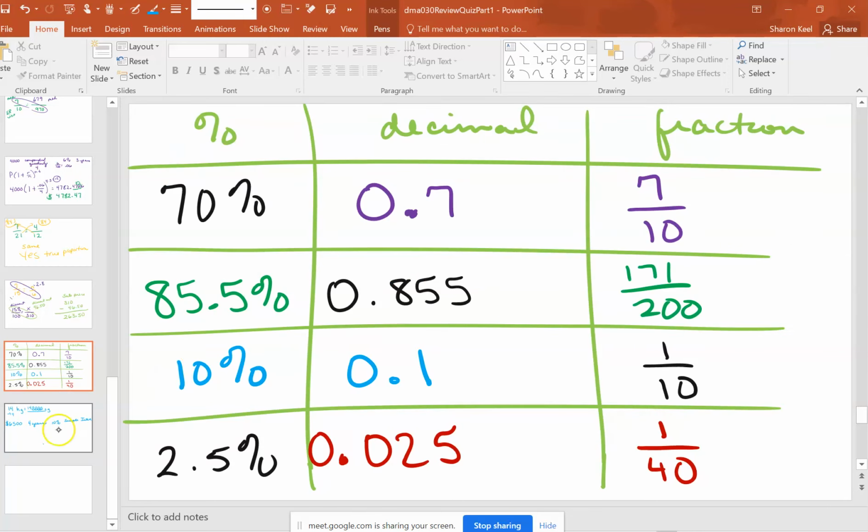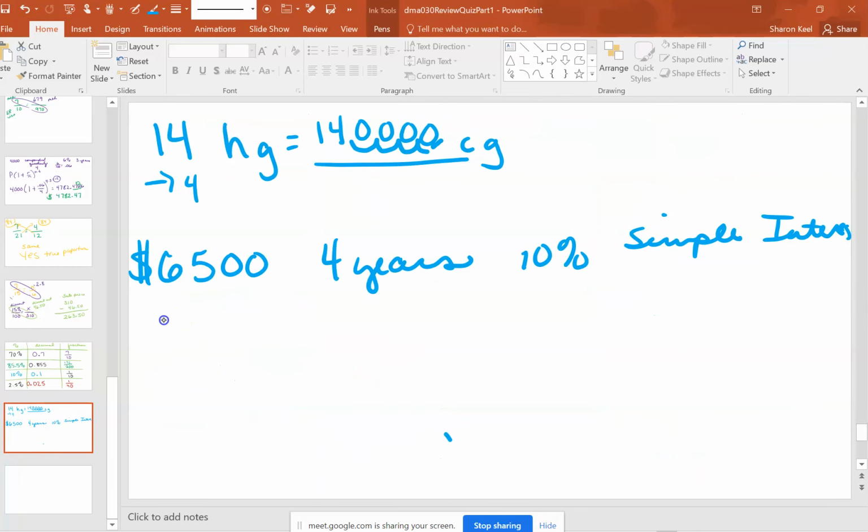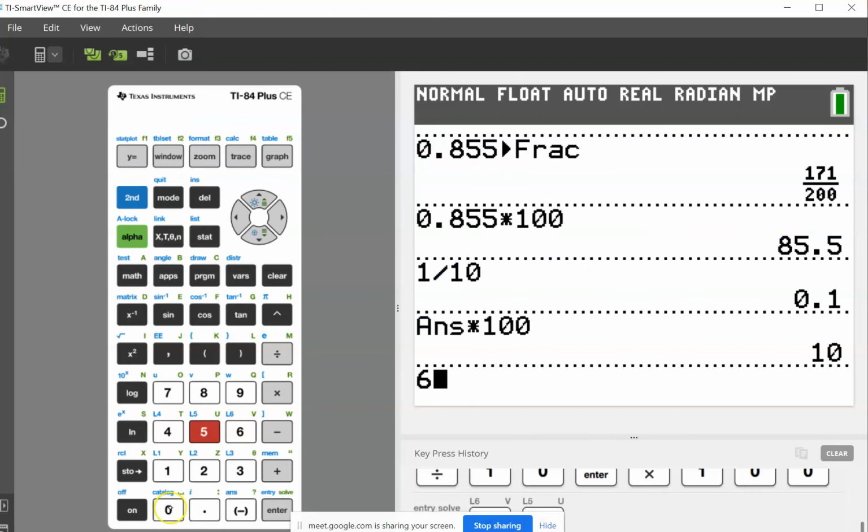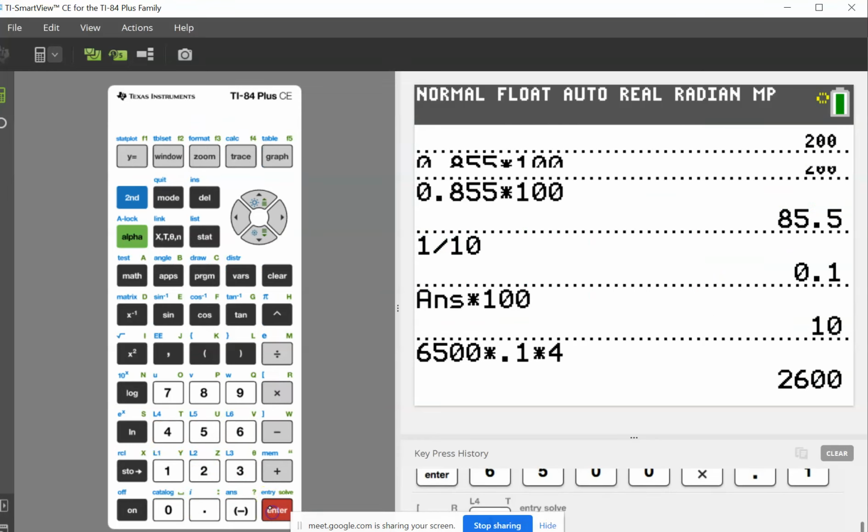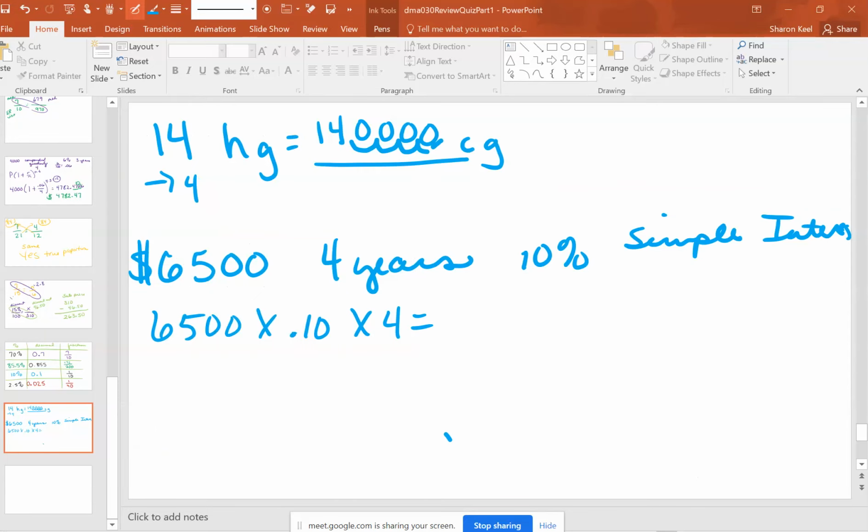So we're going to do 6,500 times 0.10 times 4, $2,600. That is the simple interest.